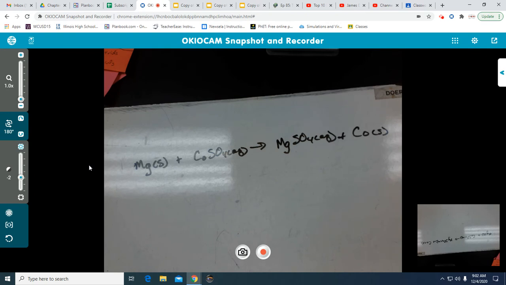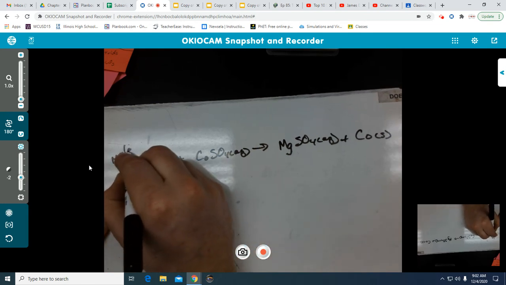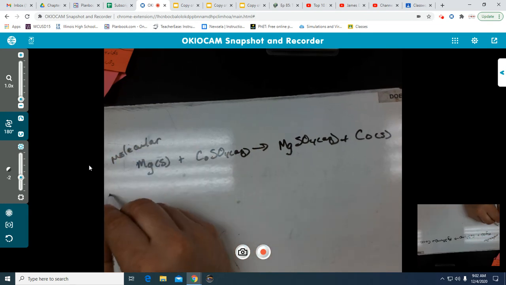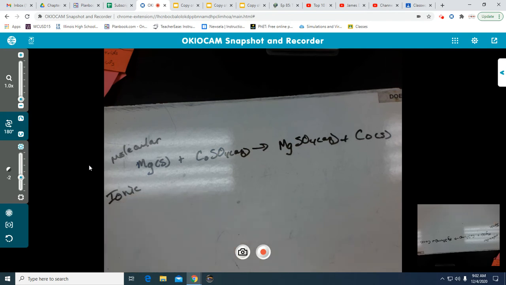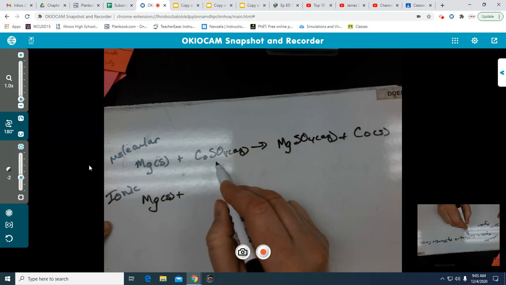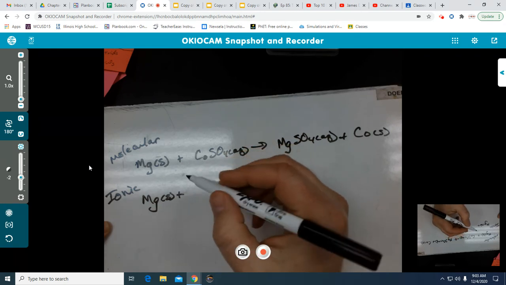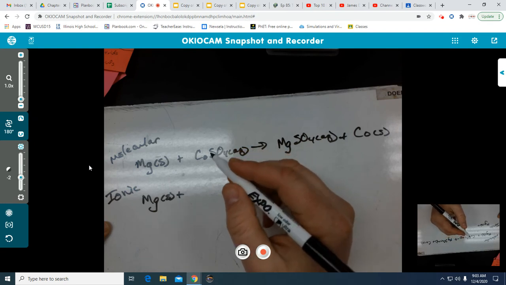We're going to check to see if this was balanced. Yes, it's balanced. You can check it if you want to, but it's balanced. This is the molecular equation. We're then going to do our ionic before we get to our net ionic. So magnesium plus cobalt(II) sulfate is an ionic substance, therefore a strong electrolyte.